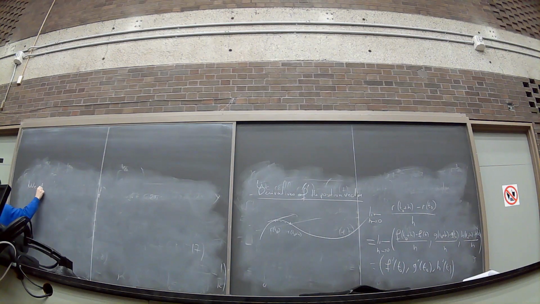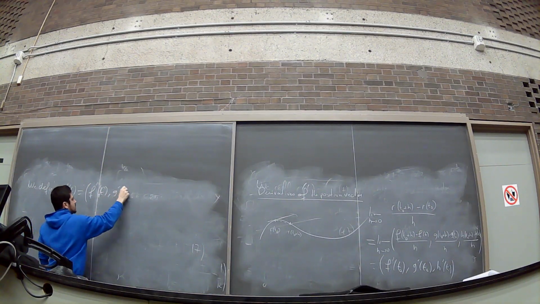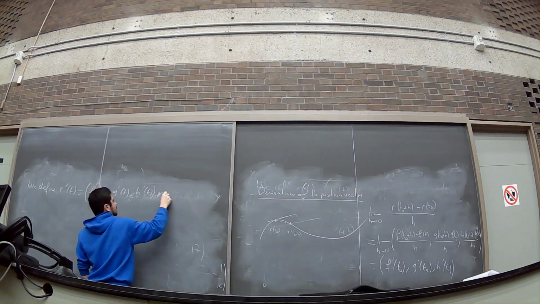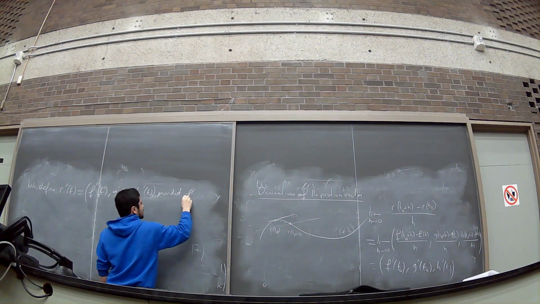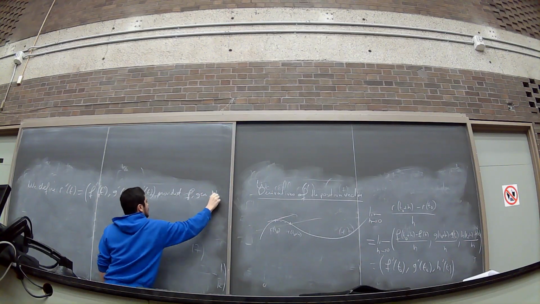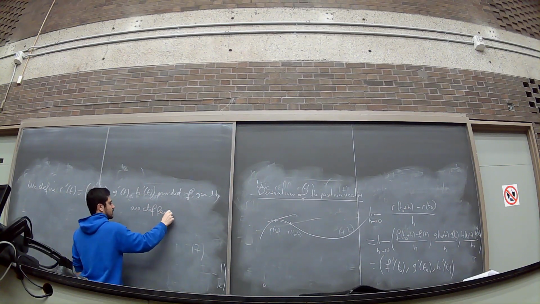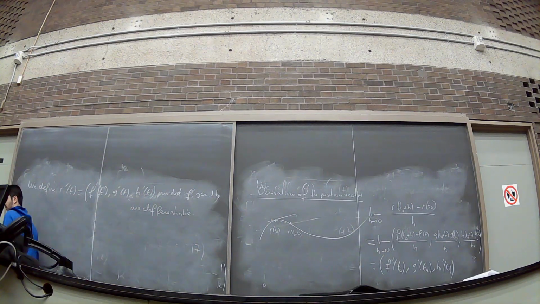We define R prime of t to be just equal to f prime of t, g prime of t, and h prime of t, provided f, g, and h are differentiable. Anyway, okay.